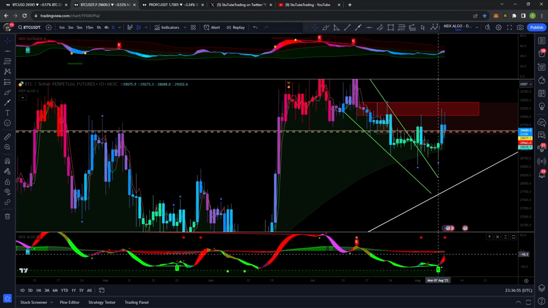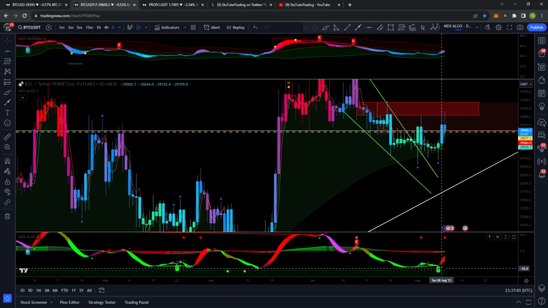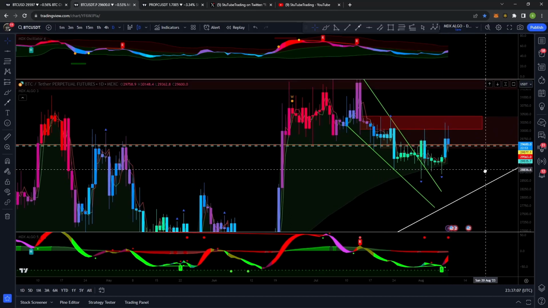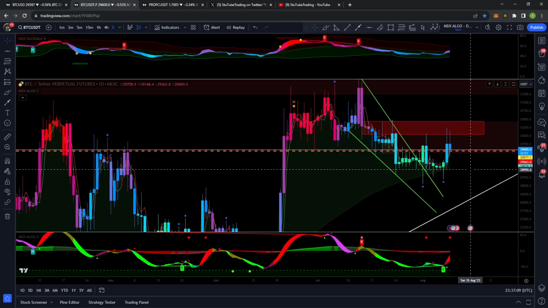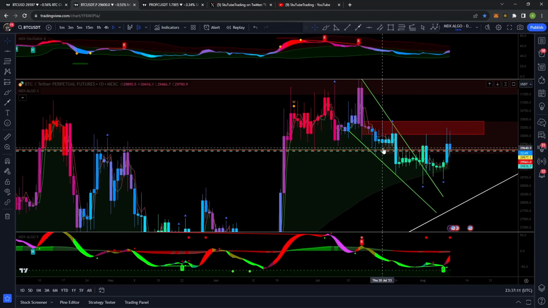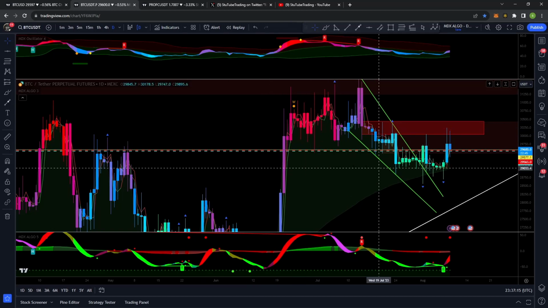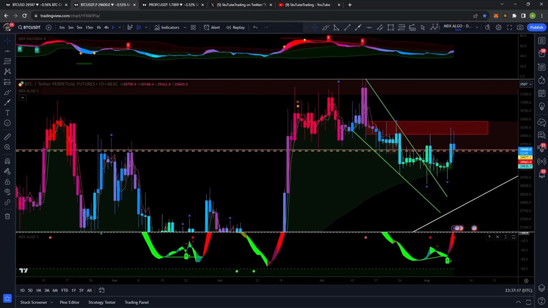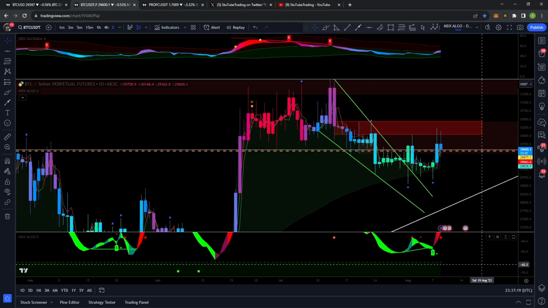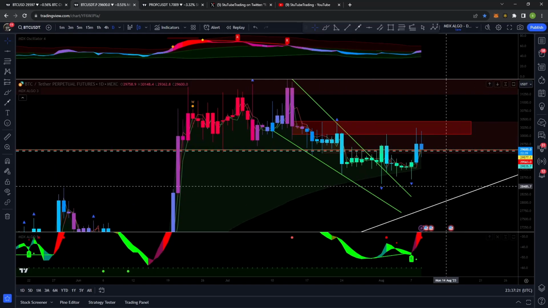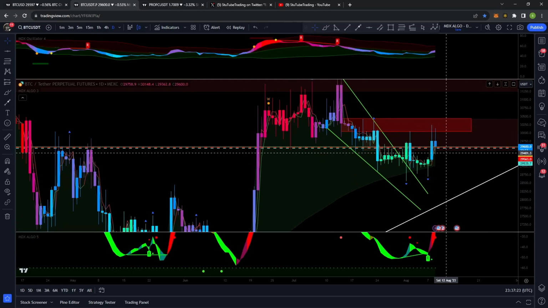That would have been printed already back here though, no? Or yesterday. Yeah, I would like a bullish divergence on a daily chart. That's not something to take too lightly.